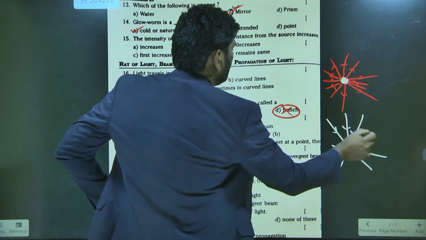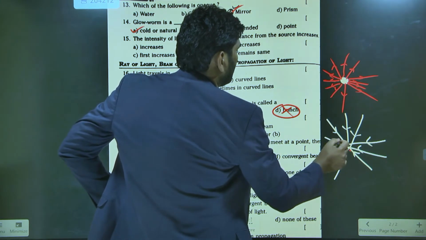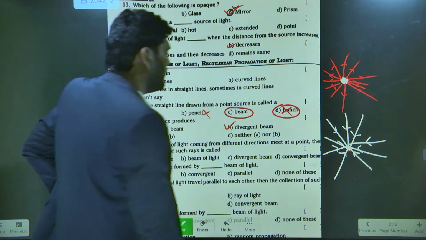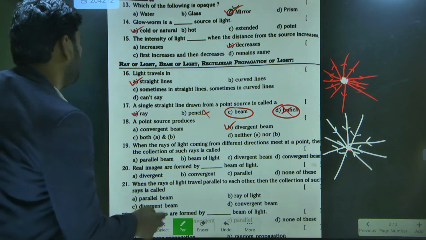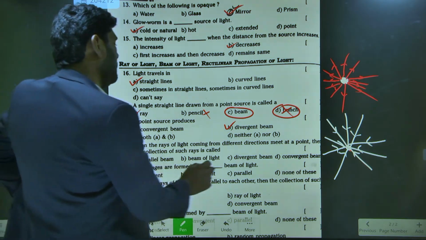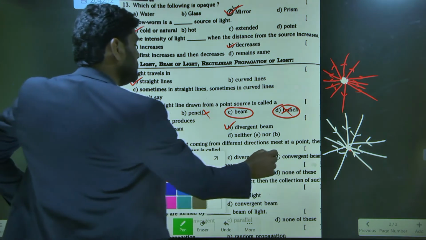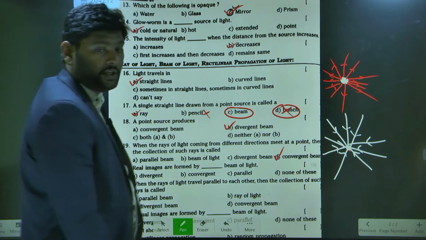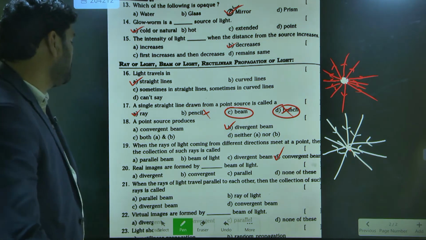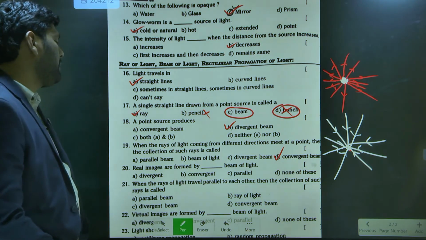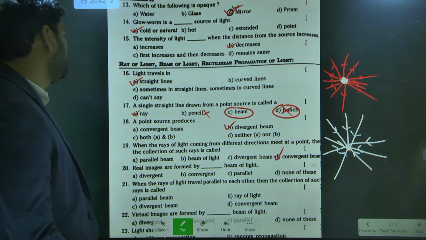These light rays are called convergent beams.